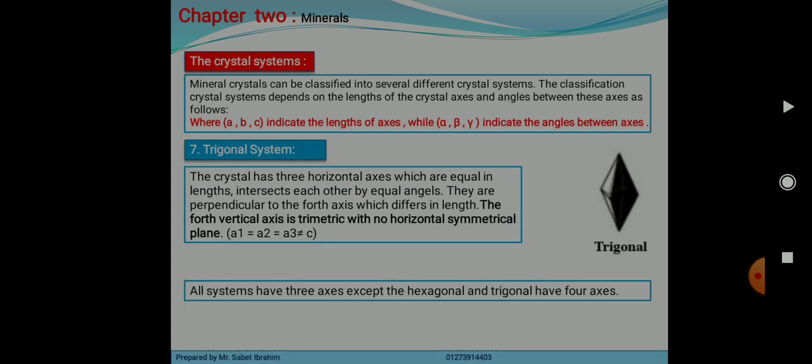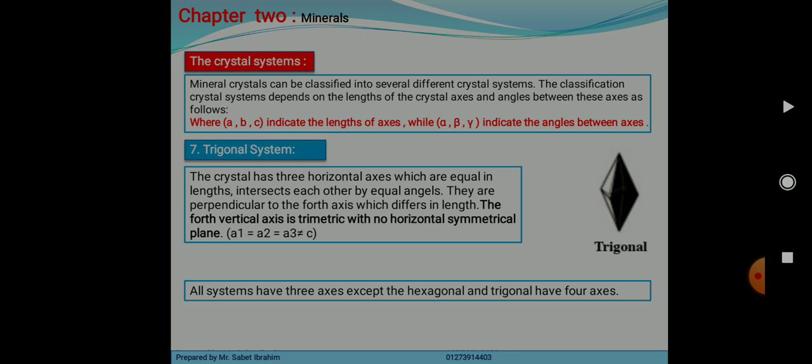Number 7, trigonal system. What is the trigonal system? The crystal has three horizontal axes, like hexagonal, which are equal in length, intersect each other by equal angles. They are perpendicular to the fourth axis, which differs in length. The fourth vertical axis is trimetric with no horizontal symmetrical plane.